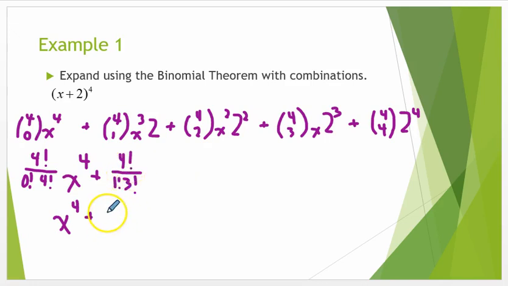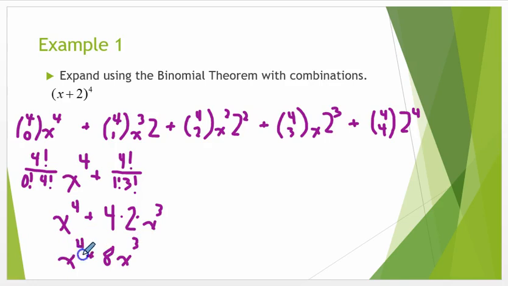So all that would be left is the 4 on top. So this coefficient is 4, but then I do still have to multiply by that 2 there. So we're actually going to have 4 times 2 times x cubed. Don't forget about the b value. So 4 times 2, this one's actually going to be a coefficient of 8x cubed.